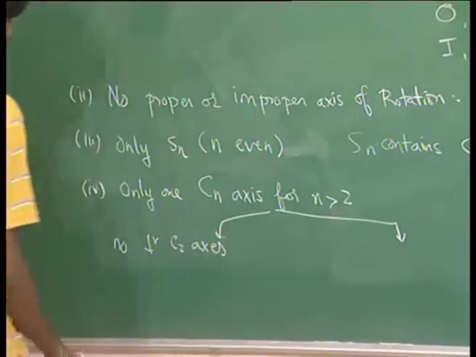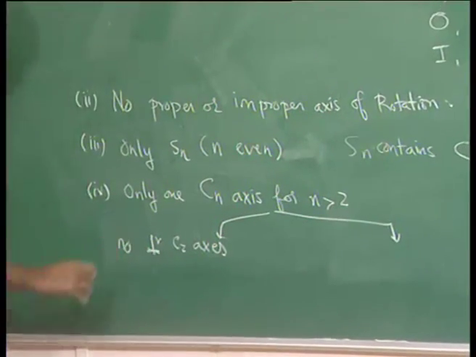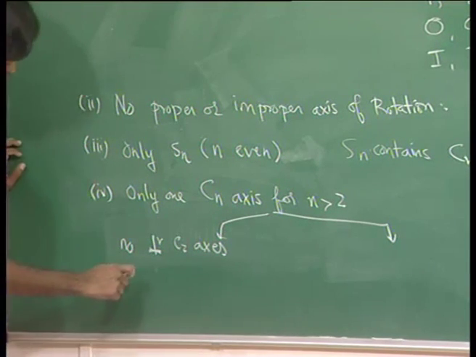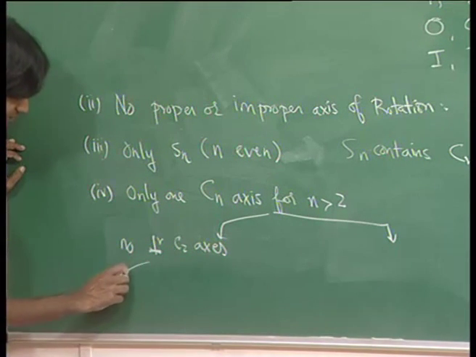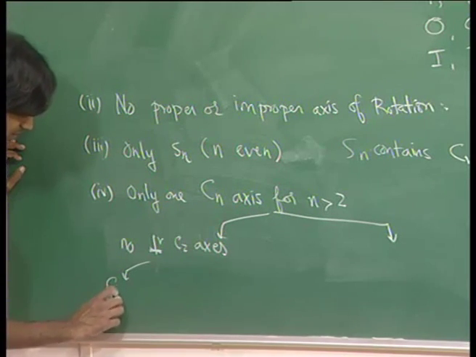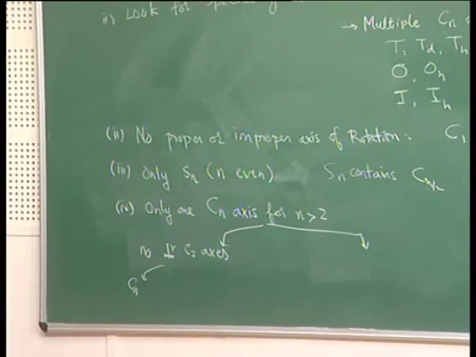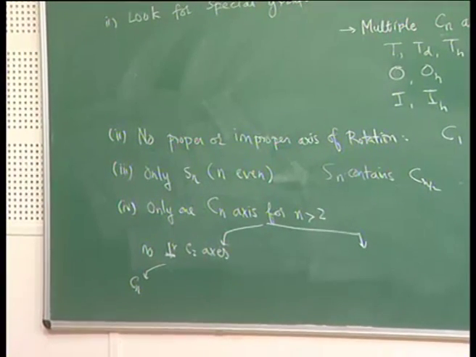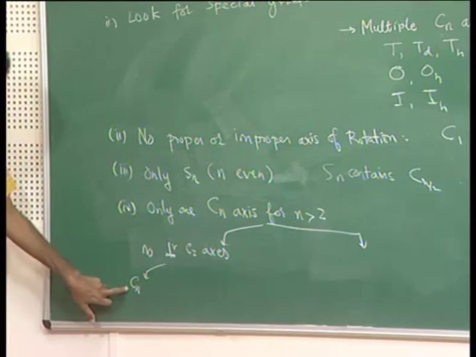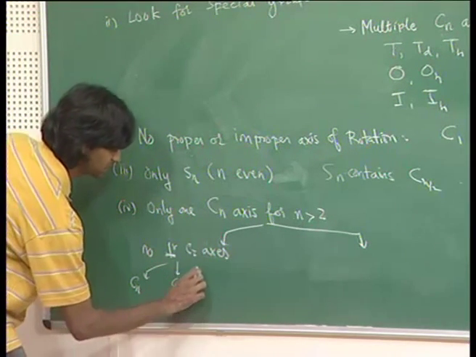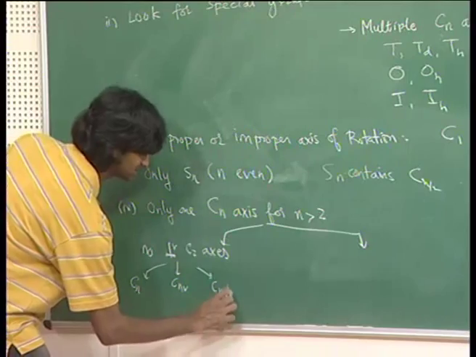In this case, you can have Cn where you have no sigmas, or you can have Cnv, or Cnd.